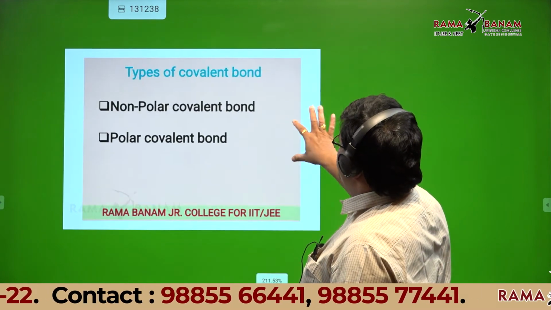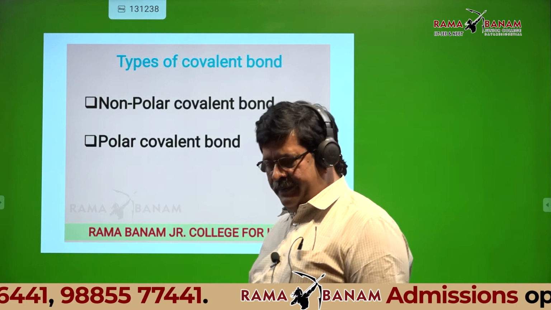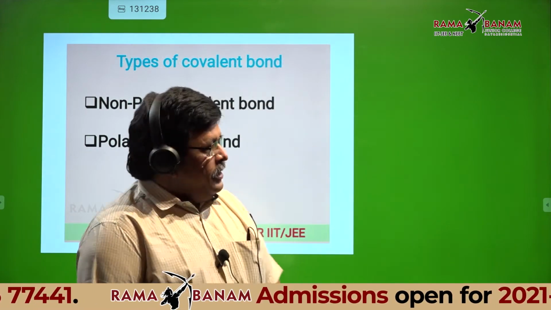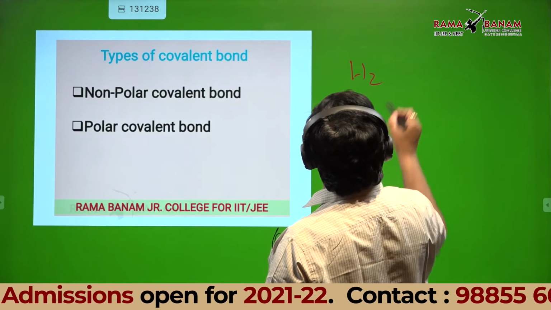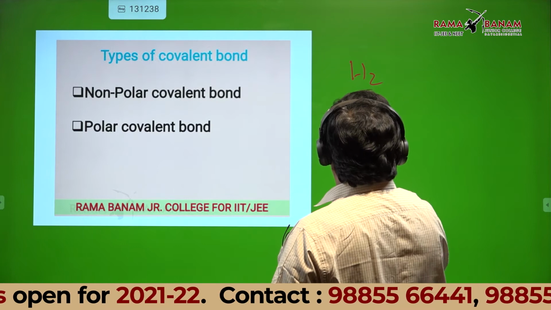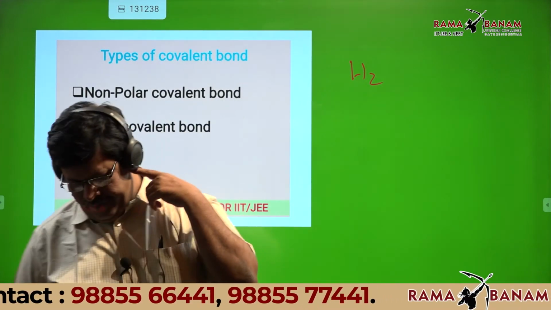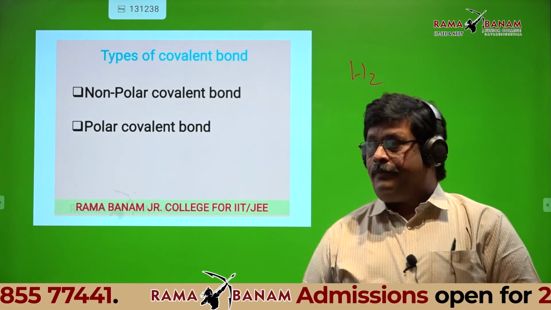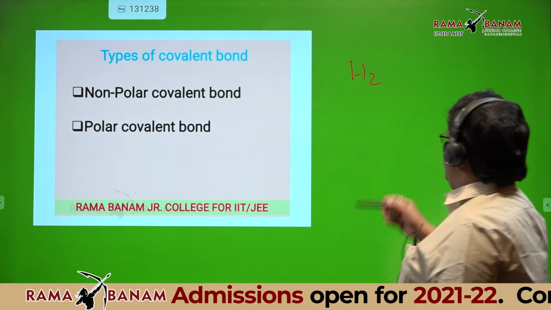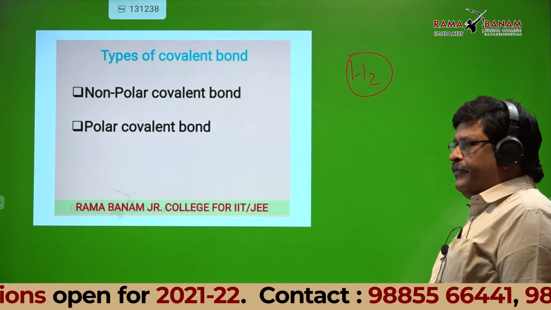Types of covalent bonds. Just listen to me students, everything we'll discuss in detail, nothing to worry. Suppose you see the molecule H2. Write this heading, types of covalent bonds. You all know H2 is hydrogen gas.